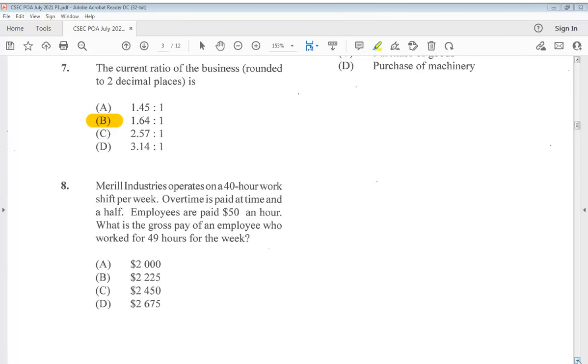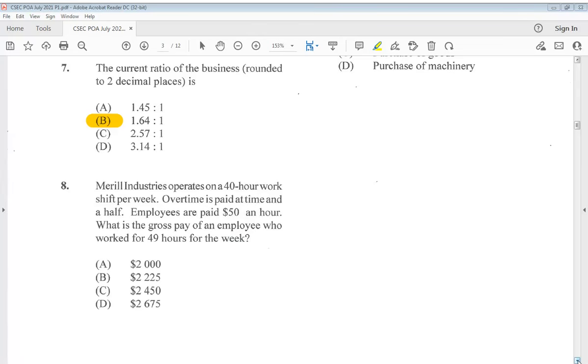The work hours are 40, and the rate is $50, so that would give us a total of $2,000. But it says overtime is paid at time and a half. If he worked 49 hours, he did 9 hours of overtime. So that 9 hours would be at time and a half rate.